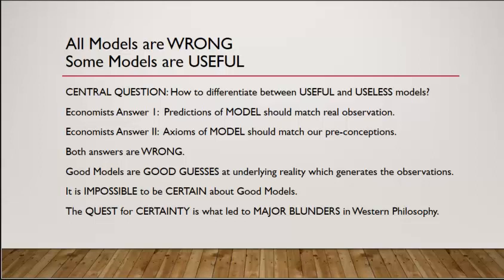So economists look for good models according to two criteria. One is that the observations should match. The other is also that the axioms of the model, the way it is built, should be according to optimization and equilibrium. This is also the economist's criteria of a good model.